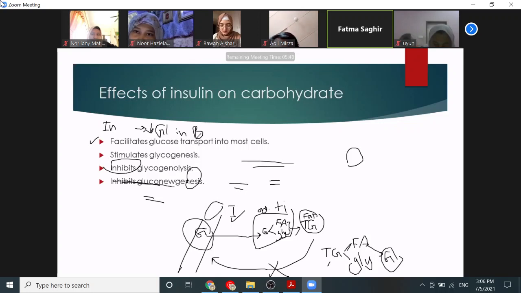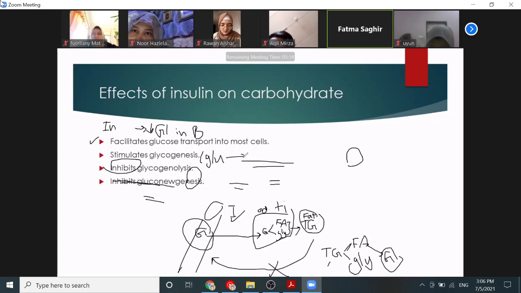Why do we say glucose? Because the end degradation product of carbohydrate, the main thing, is glucose. Digestion of carbohydrate mainly will go to glucose by the end. So all glucose will be taken by the cells. That's number one. Number 2 will stimulate glycogenesis, meaning conversion of glucose into glycogen.